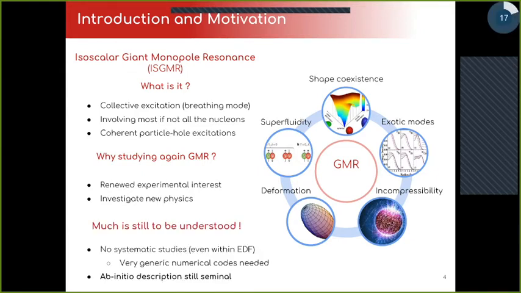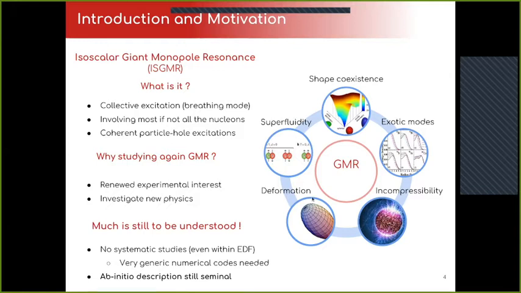So you can see that much is still to be understood even nowadays, because a systematic study involving all these features at the same time has never been produced, not even within the energy density functional context, which is the ground floor one usually chooses to work with for the giant monopole resonance.